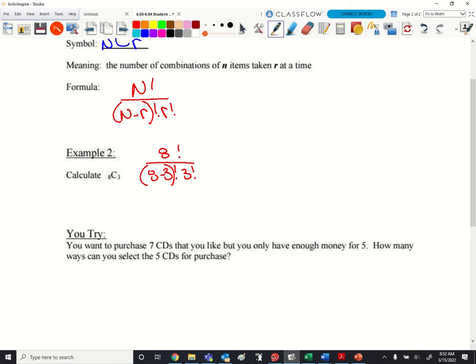So, writing out by hand, 8 times 7 times 6 times 5 times 4 times 3 times 2 times 1 over 8 minus 3, which is 5 factorial, 5 times 4 times 3 times 2 times 1, times 3 factorial, which is 3 times 2 times 1.